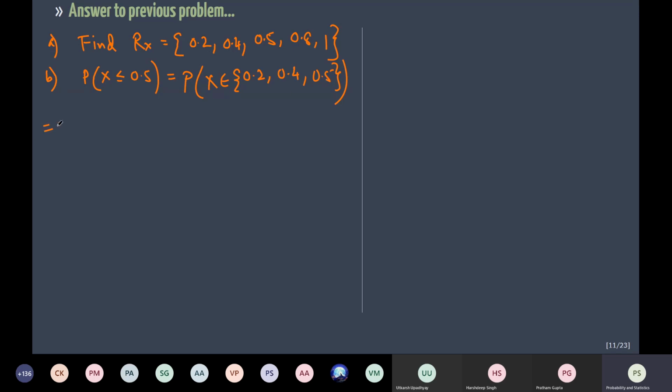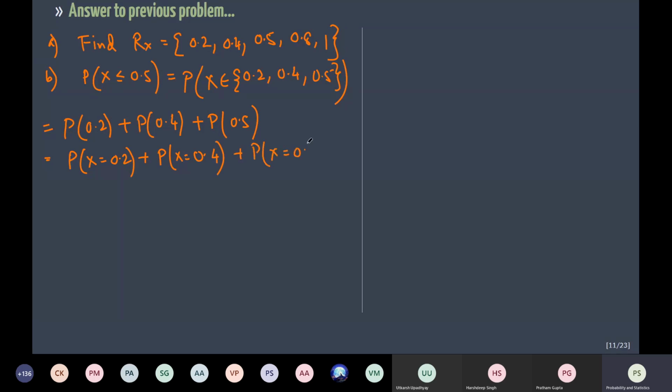This will be the sum of the probabilities here. So this is the probability of 0.2 plus the probability of 0.4 plus the probability of 0.5, which is nothing but the probability that x equals 0.2, plus the probability that x equals 0.4, plus the probability that x equals 0.5.